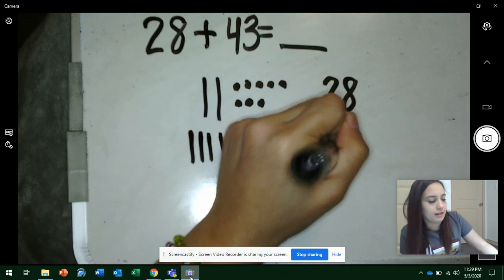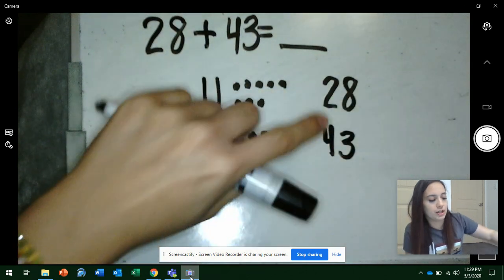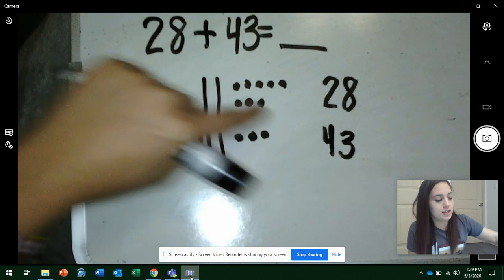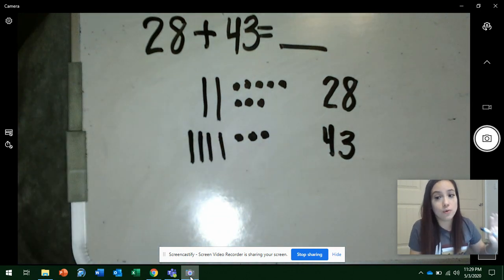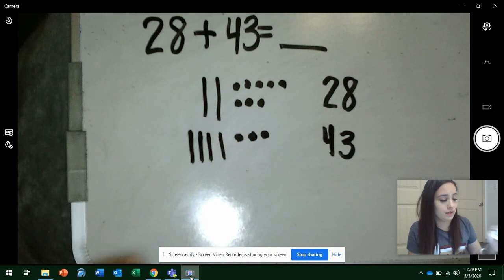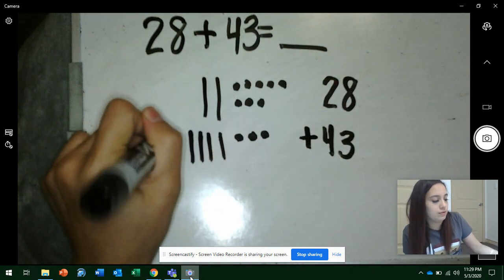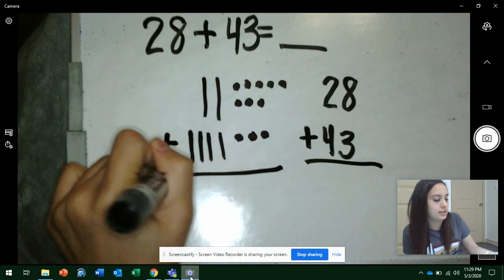And you should have written them. And you make sure your 1s with the 1s are aligned, 10s with the 10s are aligned. Organization is very important.